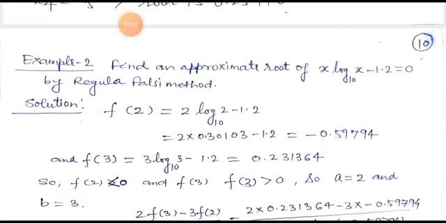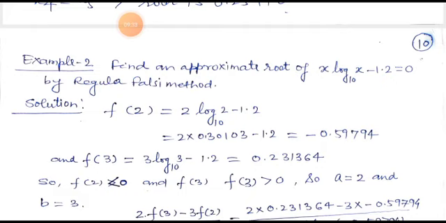So in this case f2 is negative: putting 2 in the equation, the value will be minus 0.59794. In order to find the value of log 2, you have to look into the logarithm table, and in the logarithm table the value of log 2 is 0.30103.